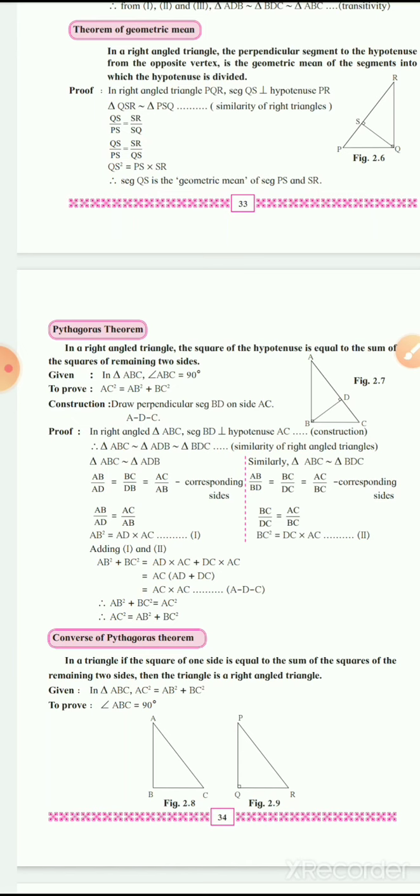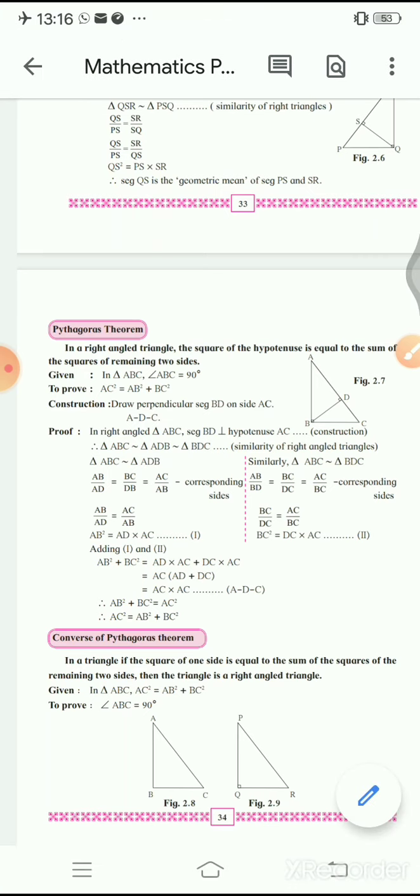Now here D is between A and C, so AD plus DC is equal to AC. So AC into AD plus DC means AC into AC. The reason is betweenness of ADC.